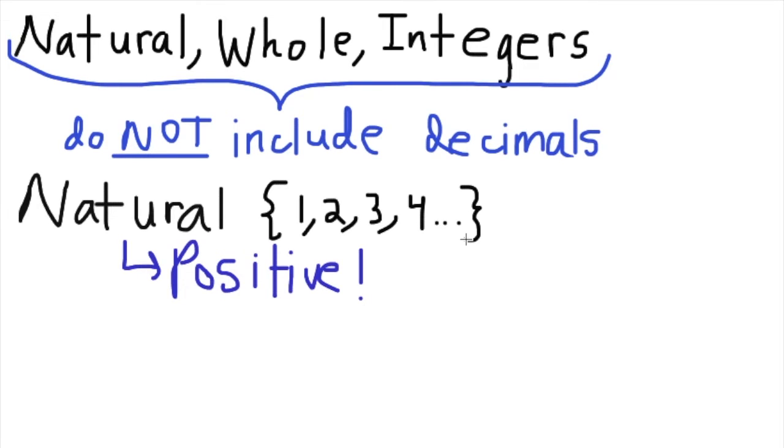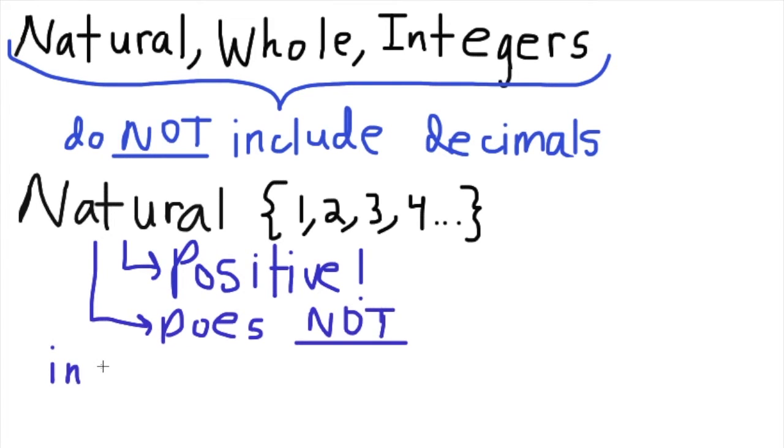The ellipses, which are the three dots at the end, show that there are more natural numbers than just 1, 2, 3, and 4. So there's 1, 2, 3, 4, 5, 6, 7, so on and so forth until infinity. So those are what the ellipses represent. And another thing to know about natural numbers is that they do not include 0.